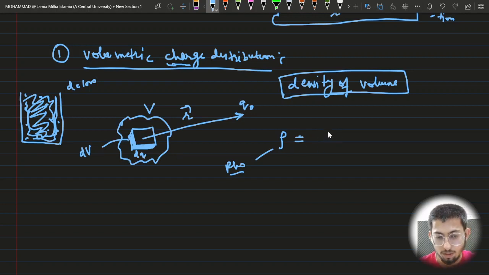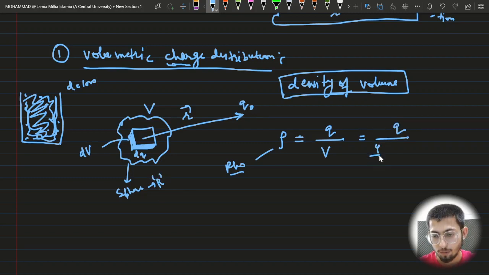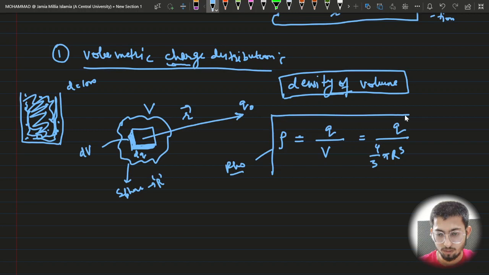So it will be charge on what? Volume. Charge per unit volume will be the density, isn't it? And if the volume is a sphere of radius capital R, then we can replace this volume by 4 by 3 pi capital R cube.